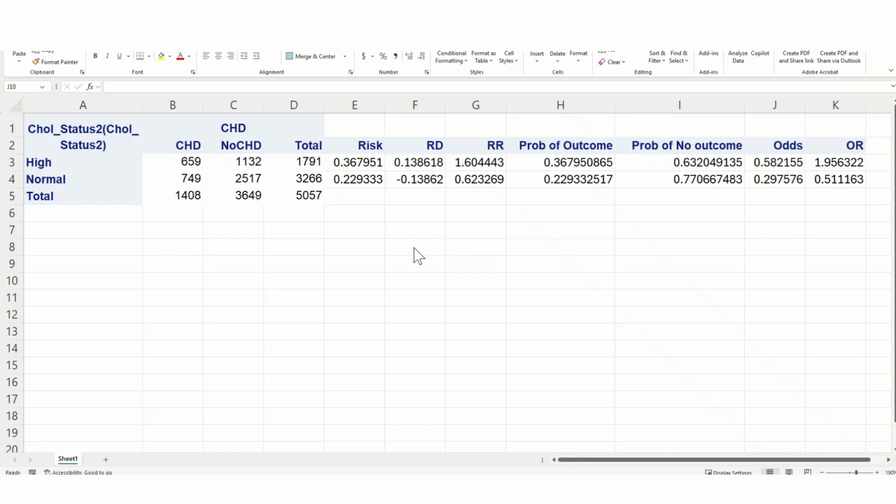But even the doctors sometimes do not understand what is the exact difference between all these values and how these are so different from each other, although the underlying numbers are the same.